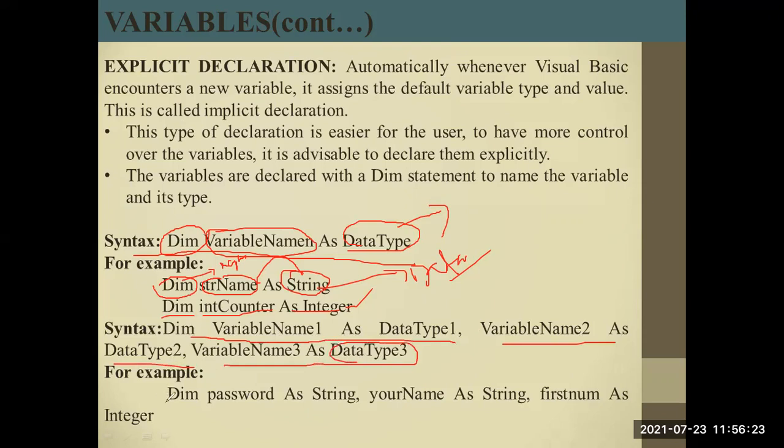In this example, password is the first variable, of string type. Then name, the second variable, is again a string type. Then the third variable is an integer type. So this is how we have declared the variables, in either a single line or multiple lines.